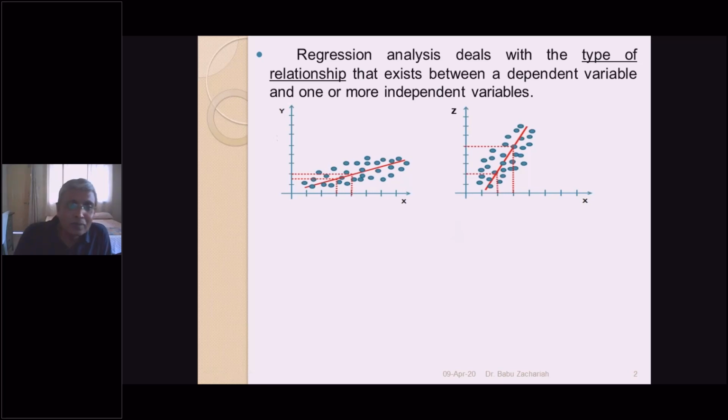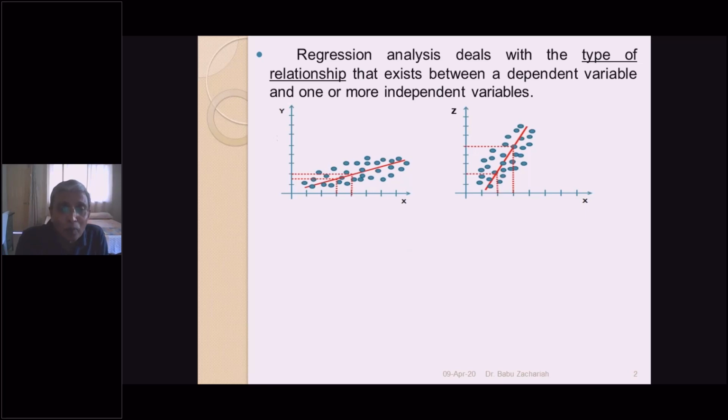So now the type of relationship that exists between x and y is different from the type of relationship that exists between x and z. In the first sketch, the slope of the line is less, whereas in the second sketch, the slope of the line is more. It is more steep.